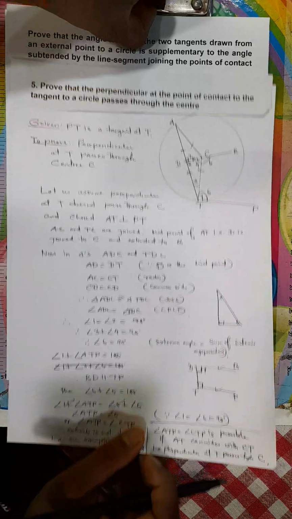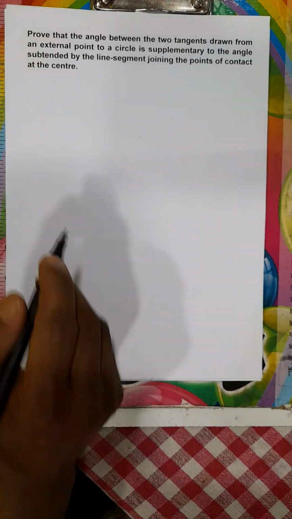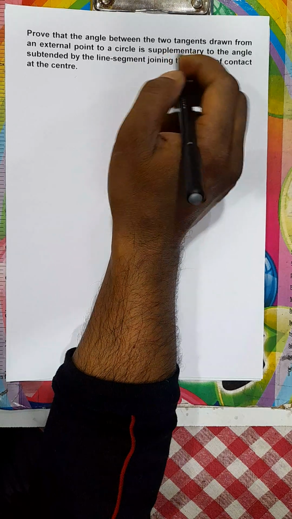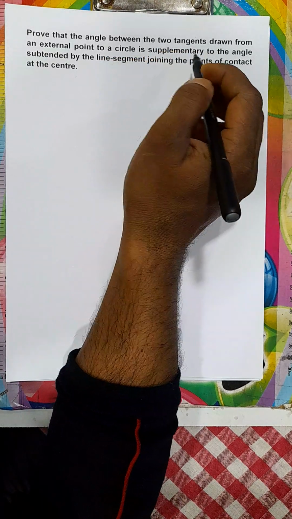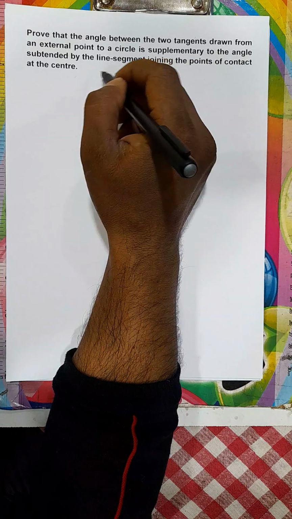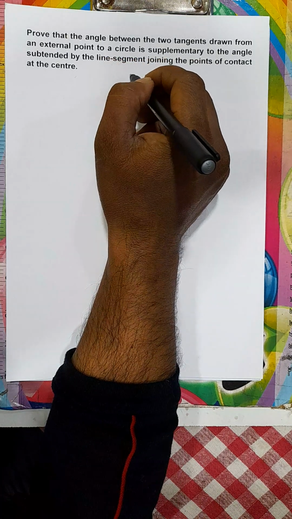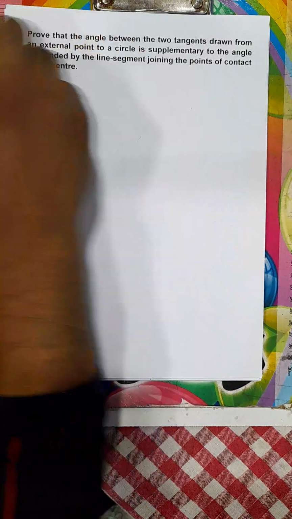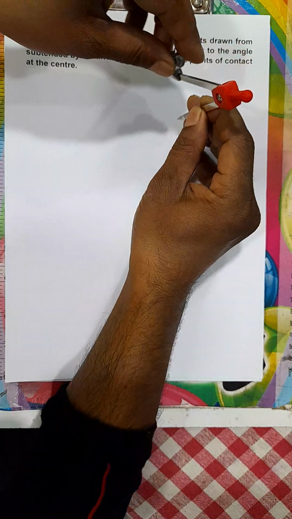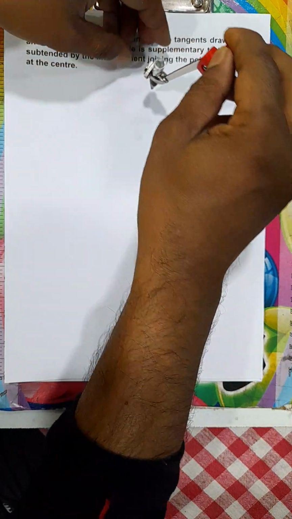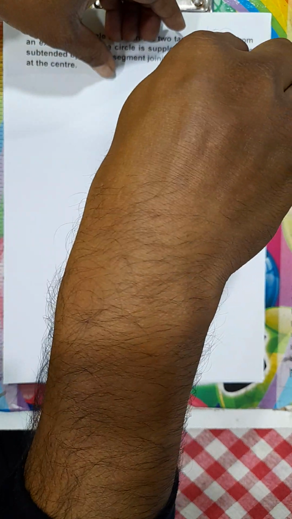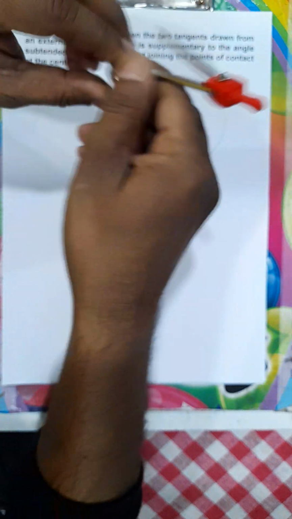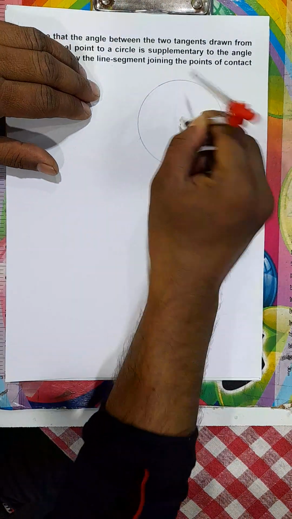Now let's come to another question. Prove that the angle between two tangents drawn from an external point to a circle is supplementary to the angle subtended by the line segment joining the points of contact at the center. Let's draw a circle here. This is the center.